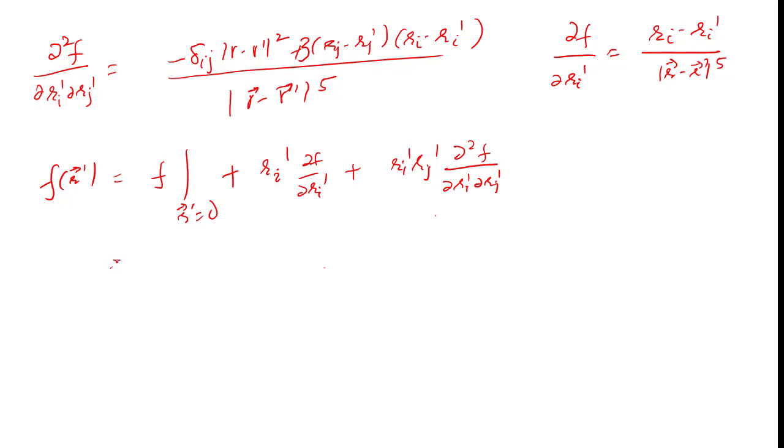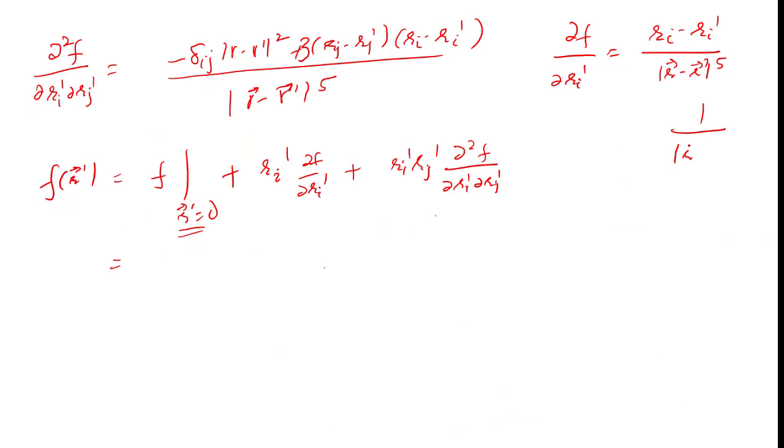So then function at r prime is equal to 0, right? Our function is 1 by r minus r prime, our function of r prime. So if r prime is equal to 0, then this function is simply 1 over r, right? And plus this is also at r prime is equal to 0, and so on.